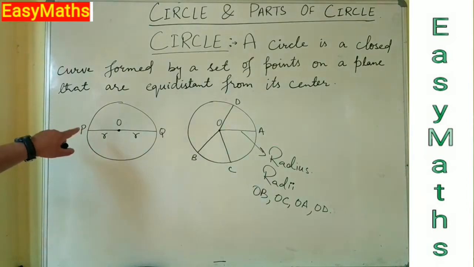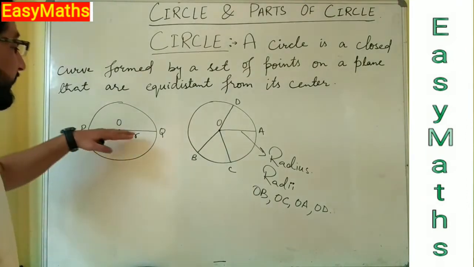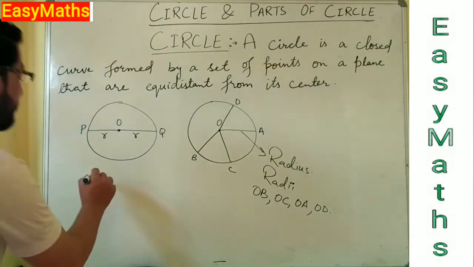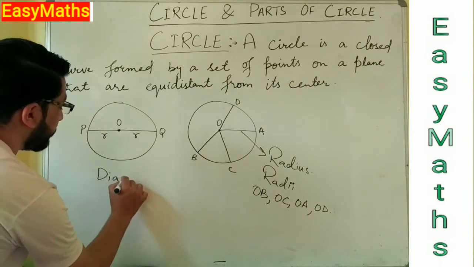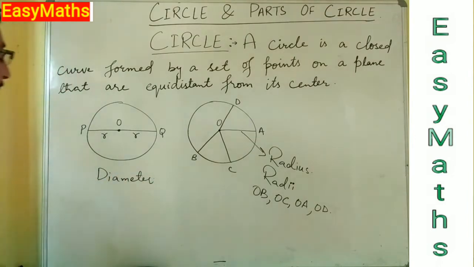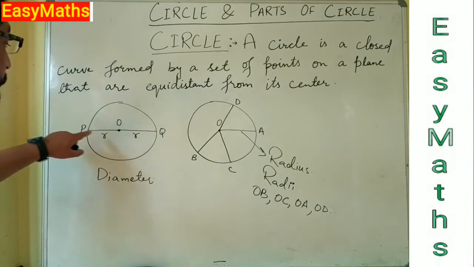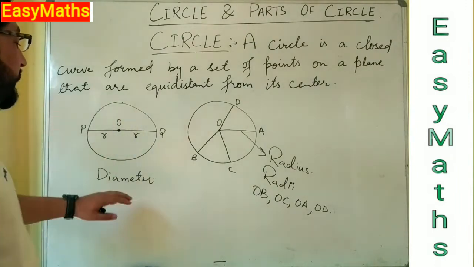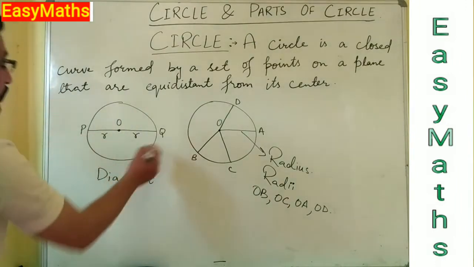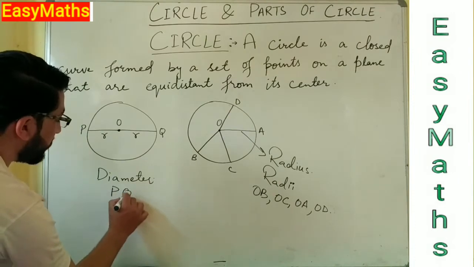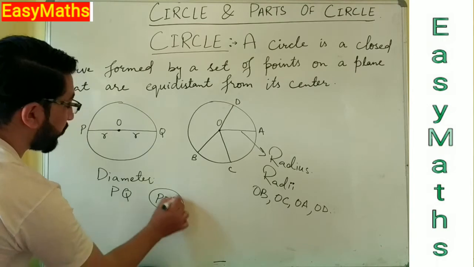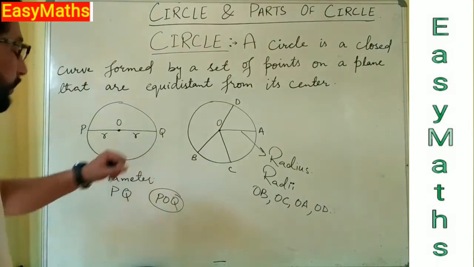But the line that passes through the center of the circle and touches the circle at two different points is called a diameter. The line from one point on the boundary of the circle to another point that passes through the center is called a diameter. We name it PQ. We cannot name it POQ because that would be wrong. So we name it PQ.